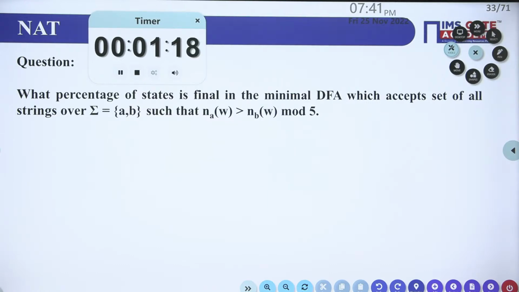It's not 42.24. Can you write your fraction so that I get to know where you are going wrong?